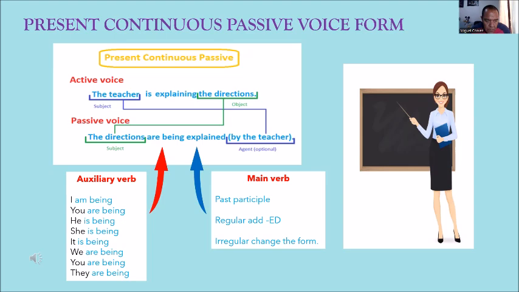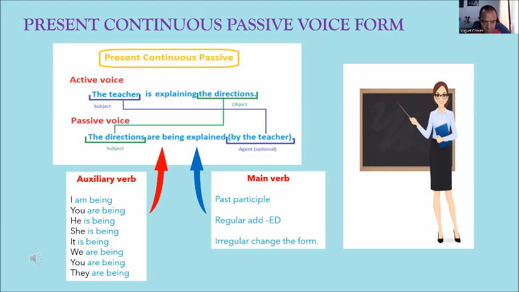In passive voice, the sentence is interpreted from the perspective of the one who experiences the action, not the one who does it. To form present continuous passive voice sentences, we follow these steps. Start with an object.